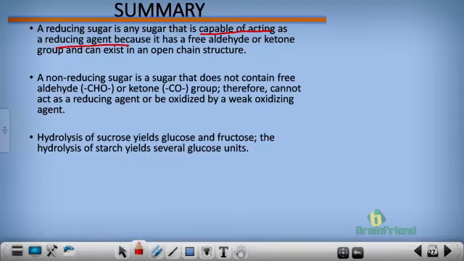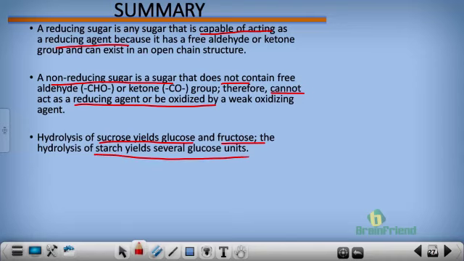Then we said a non-reducing sugar is the opposite because it does not contain free aldehyde or ketone groups, therefore cannot act as a reducing agent or be oxidized by a weak oxidizing agent. Then we looked at the hydrolysis of sucrose, which yields glucose and fructose, while the hydrolysis of starch yields several glucose units.